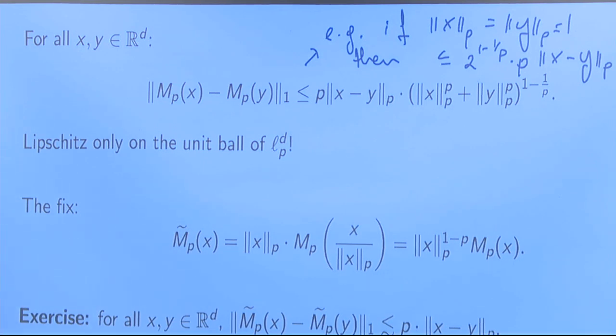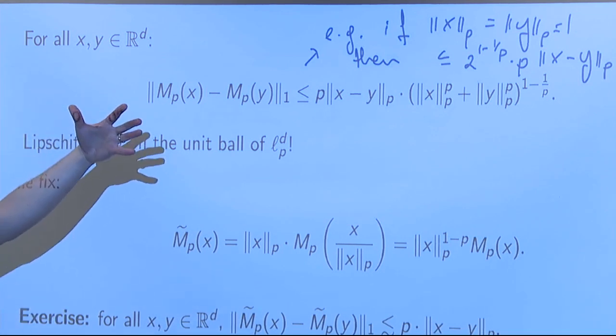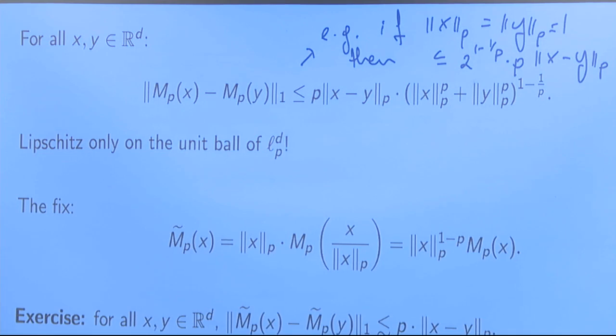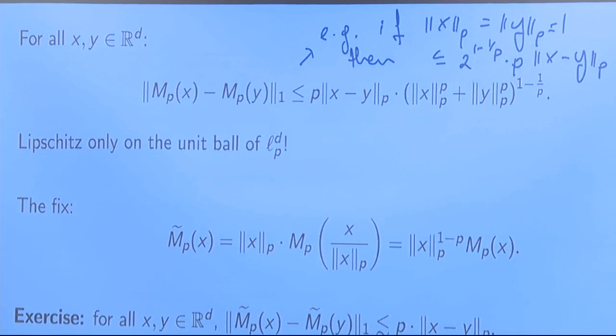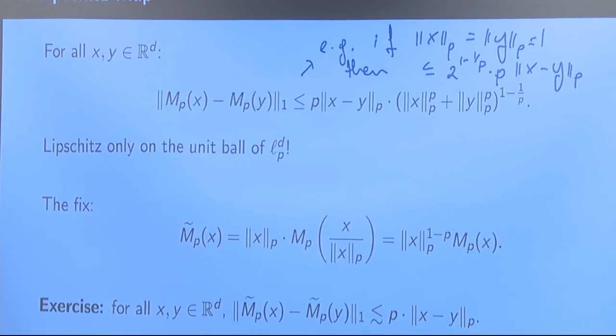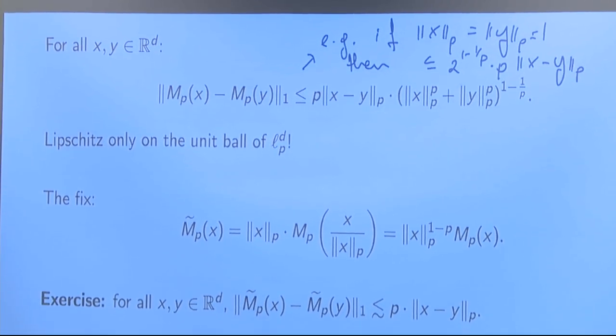And then there's this correcting factor that takes care of the fact that I'm raising to the power p, so things must somehow become worse as I go out away from the origin. Okay, so one thing I need for an average distortion embedding is that I don't expand distances too much. That's one property I need as a starting point. And here I almost have that, except it only works for the sphere.